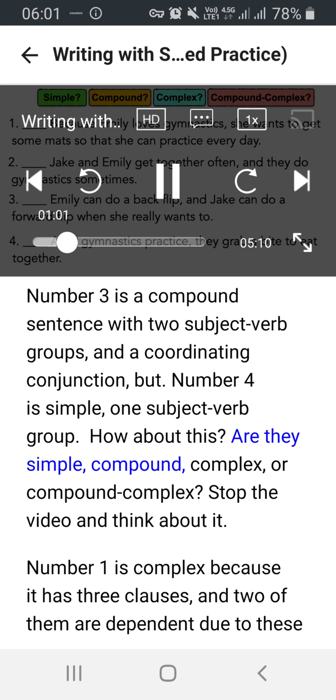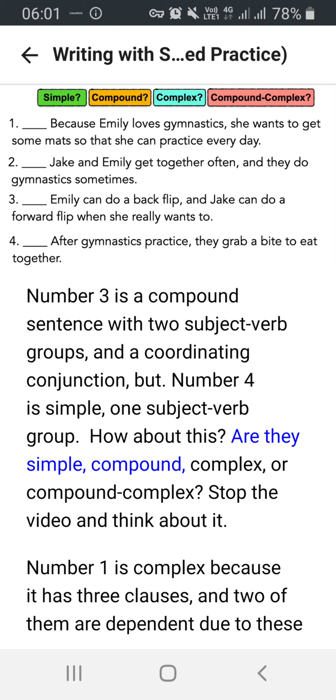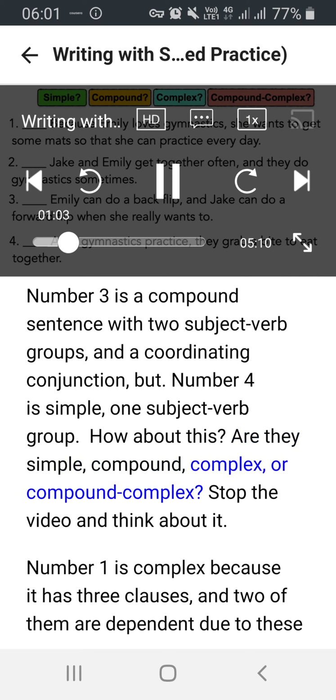How about these? Are they simple, compound, complex, or compound complex?